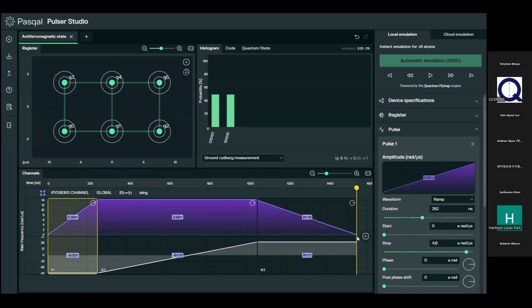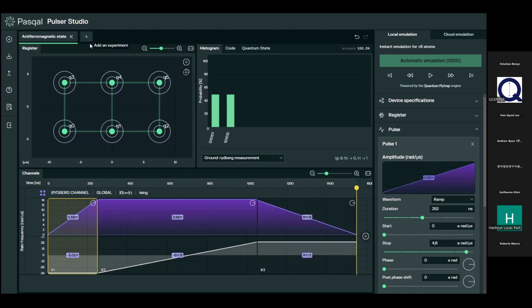The amplitude parameter should stay either positive or negative, so it should not change signs. And the detuning parameter should change signs. So these are, in a sense, three practical constraints in designing the experiment. Other than that, you are free to experiment with various different forms.